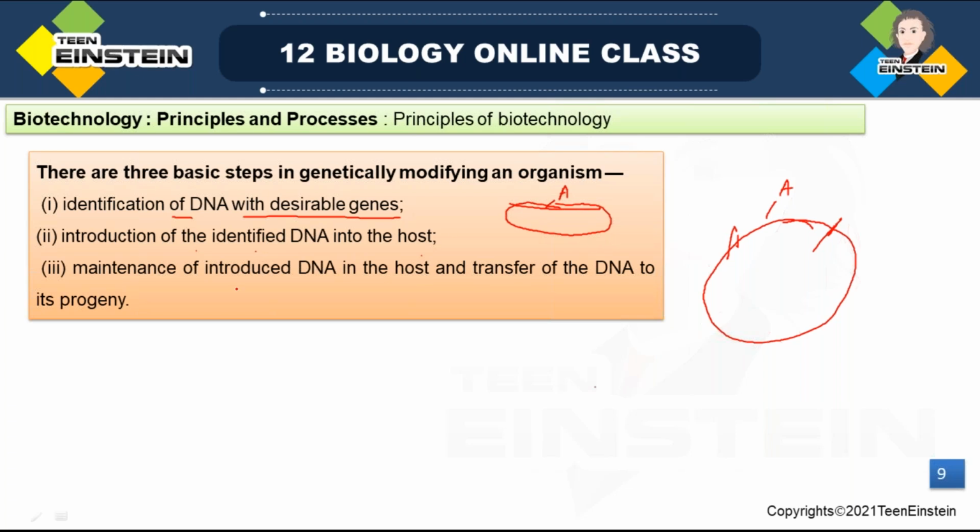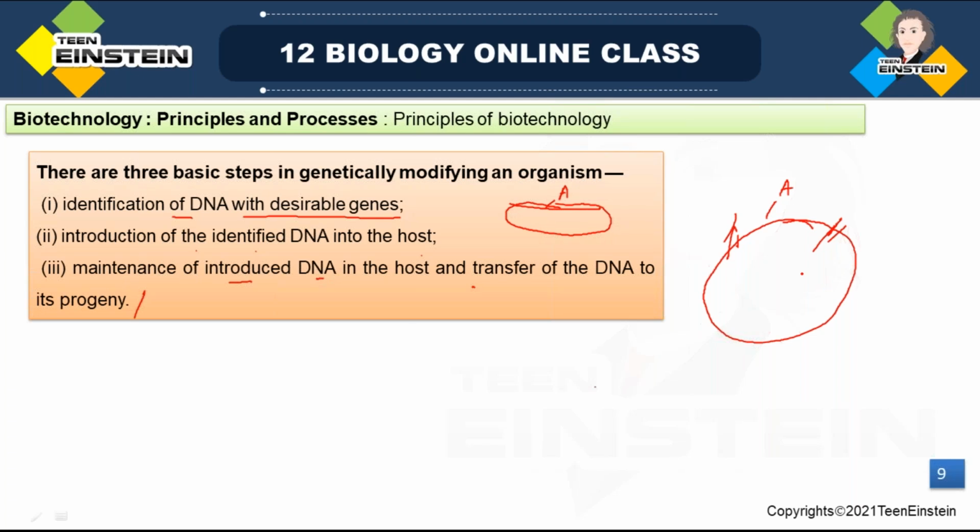Okay. Then maintenance of that introduced DNA in the host and transfer of the DNA into its progeny. So we are introducing that into a host. There it will multiply along with the host DNA. If only this piece we are transferring, it won't multiply. It won't go to the next generation because that needs an origin of replication.